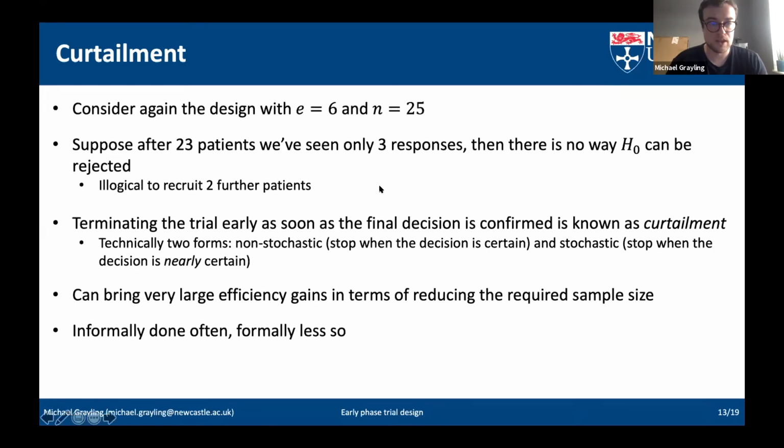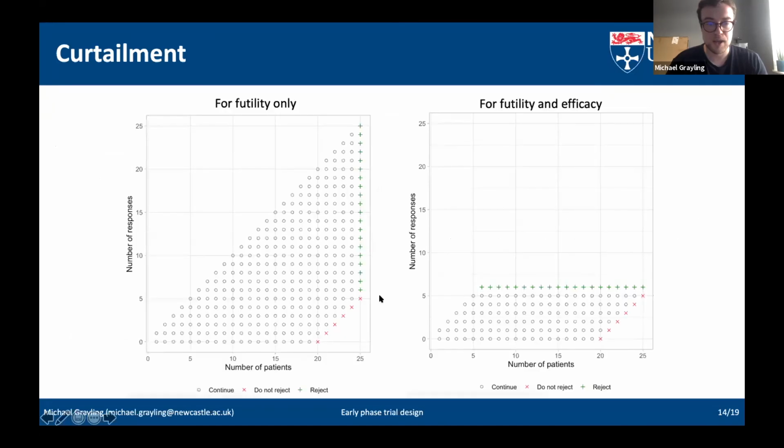So what does this look like in terms of the diagram I showed on the previous slide? Well, it depends on whether we're allowing curtailment only for futility to say the drug doesn't work, or for futility and efficacy. So if we're going to stop as soon as we are able to reject our null hypothesis, this diagram looks very different because we're actually terminating the trial as soon as we see 6 responses, so potentially as few as after 6 patients.